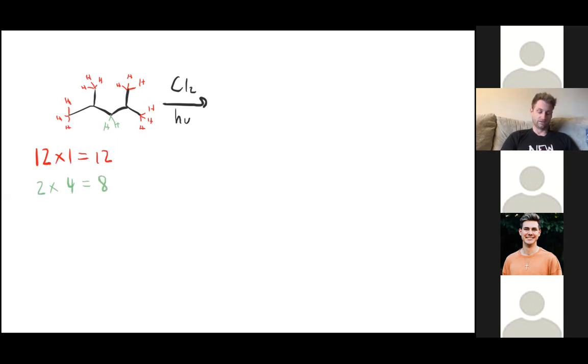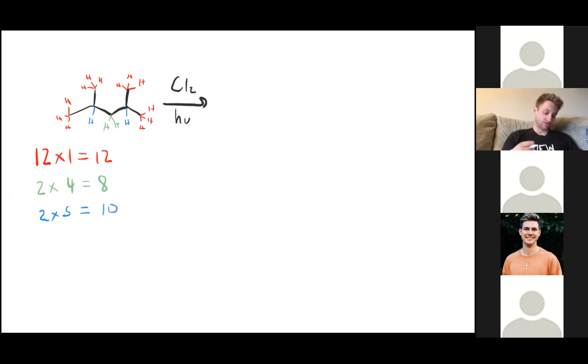So it's going to have a selectivity of 8. Last one here. We've got 2 tertiary ones. So 2 times 5 for a tertiary. Gives us a selectivity of 10.